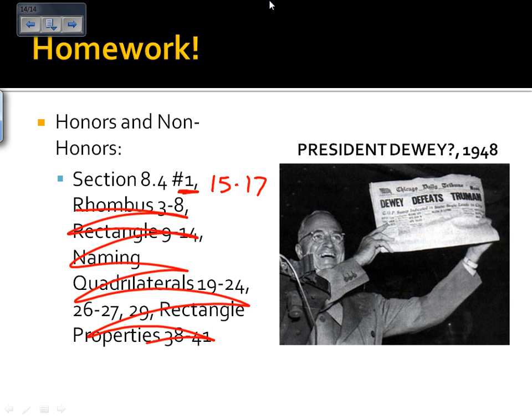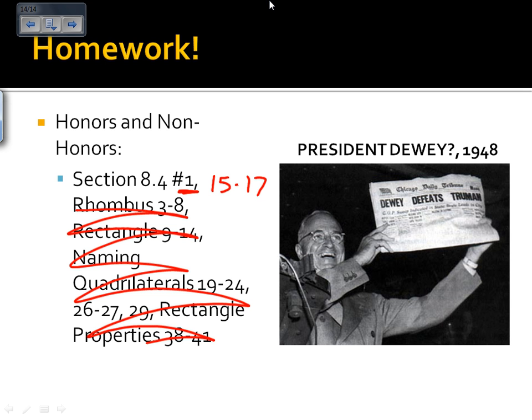Anybody heard of President Dewey? Oh, yeah. I hope not, because he was never a president. But you've heard of President Truman, right? Harry Truman? World War II. Anybody seen this picture before? This is the night of the election. This is the Chicago Daily Tribune.